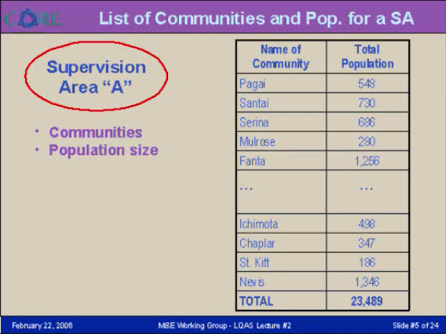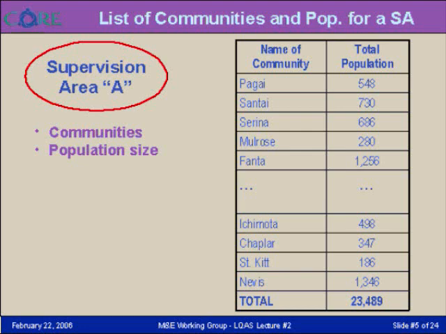As you can see, what we're going to do is in a table to list all the communities or towns located in supervision area A, and we're going to include also the total population for each of these communities or towns in this table.